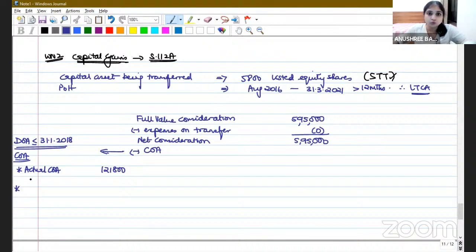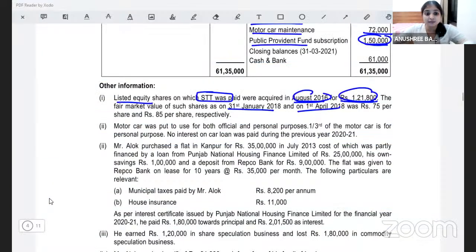Then I will do two more things. I will see what is the full value consideration. Full value consideration is 5,95,000. I'll see what is the FMV on which date? FMV on 31st Jan 2018. What is the FMV on 31st Jan 2018? FMV on 31st Jan 2018 was 75 per share.